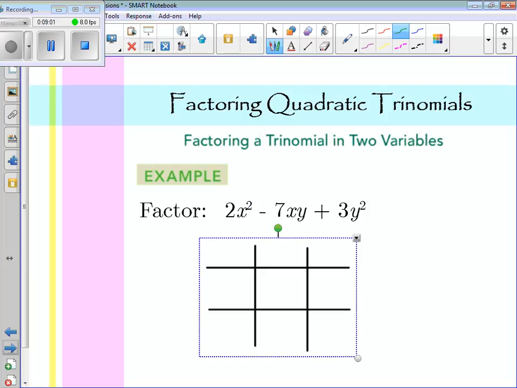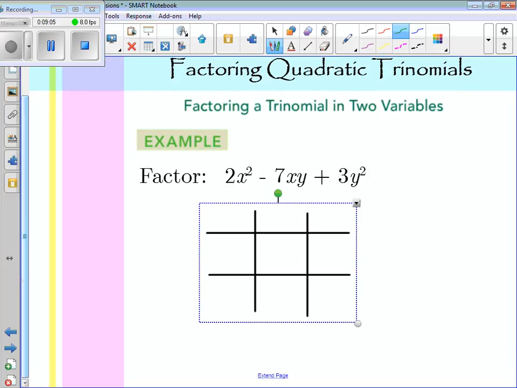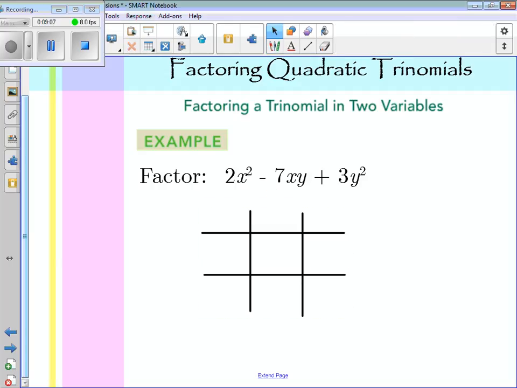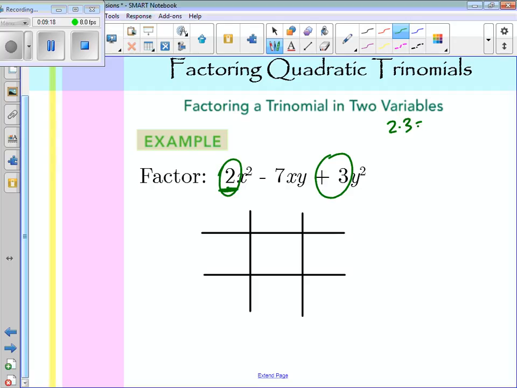So here again, we can do this the exact same way you just did it before. This one has two variables, but now we don't have a leading coefficient of 1. It's 2, so we have to do a times c, so the first term times the last, that adds up to the middle. And that's negative 6 and negative 1.